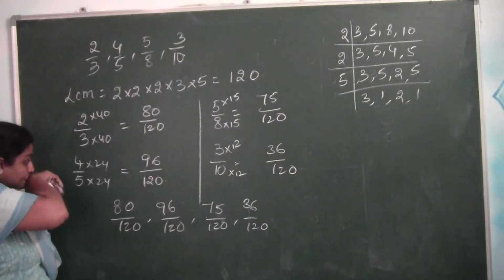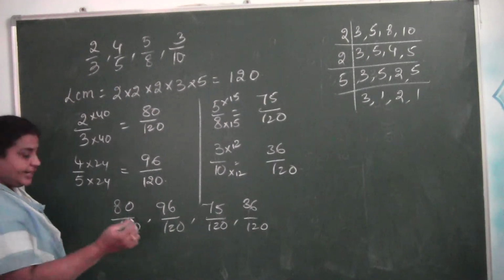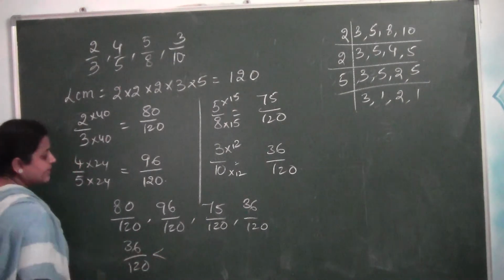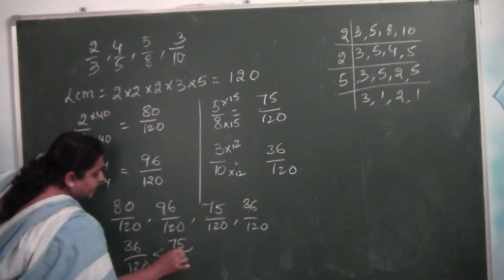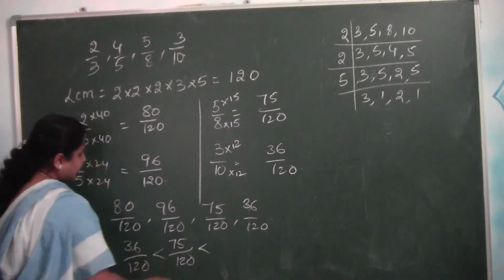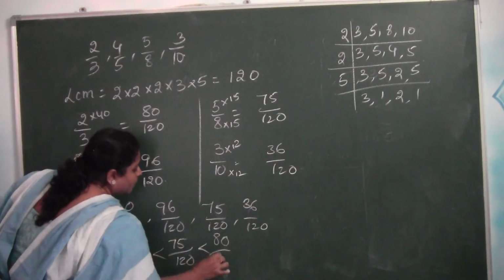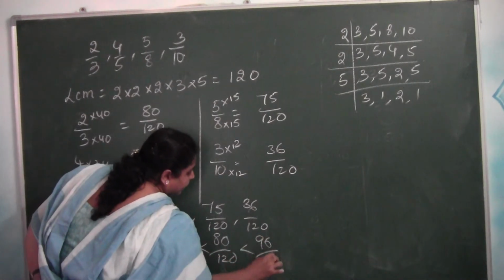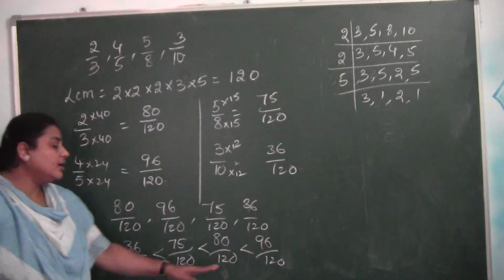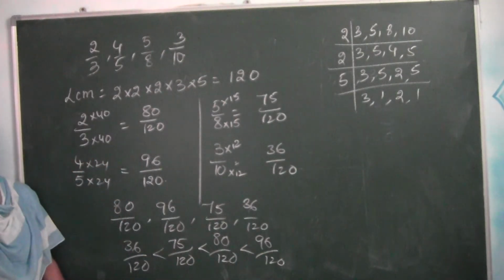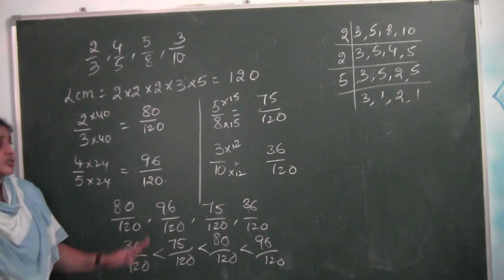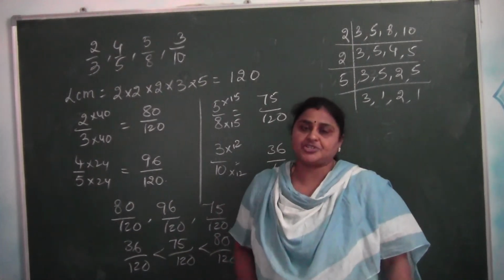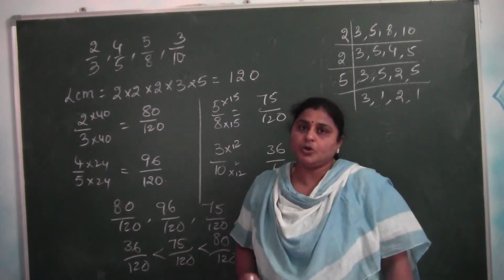Okay, now let us write in ascending order. 36 by 120 less than 75 by 120 less than 80 by 120 less than 96 by 120. Then similarly from backward till forward is nothing but your descending. So this is comparison of unlike fractions. Got it, children? Hope you understood.